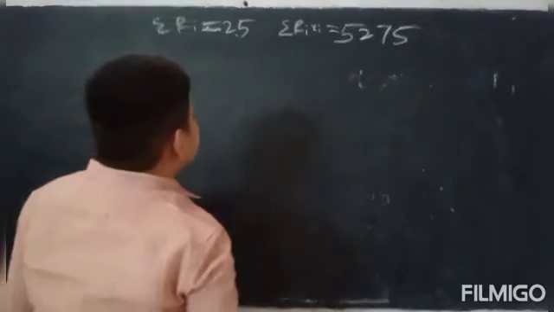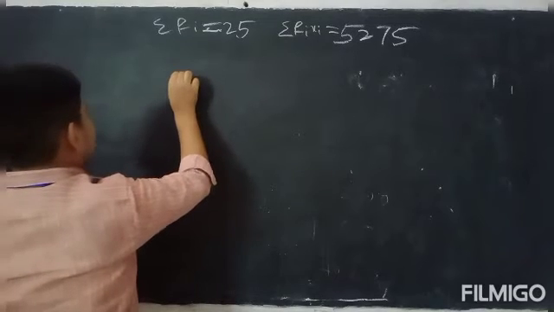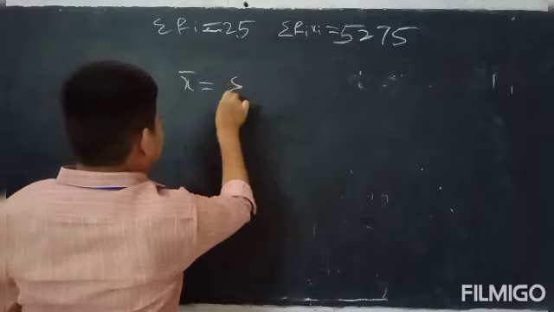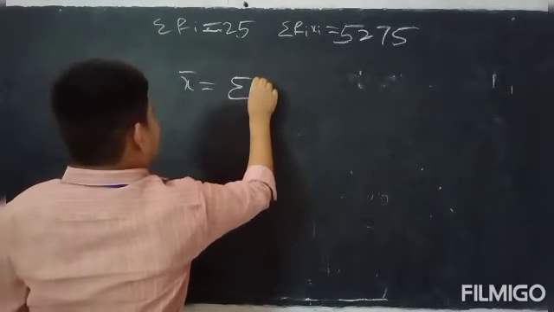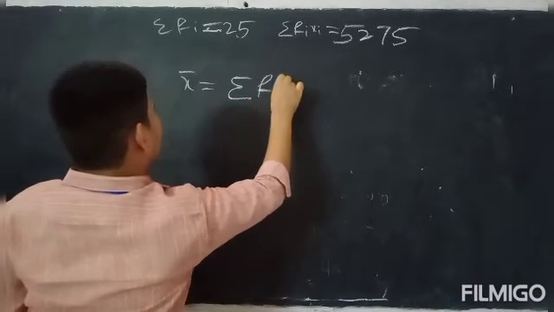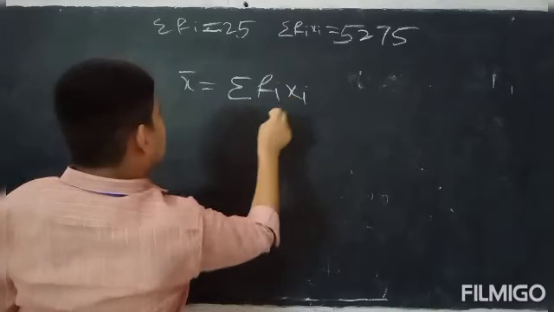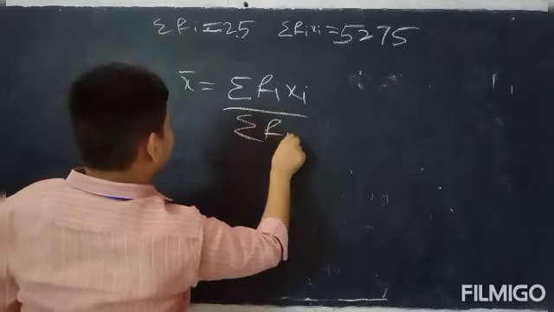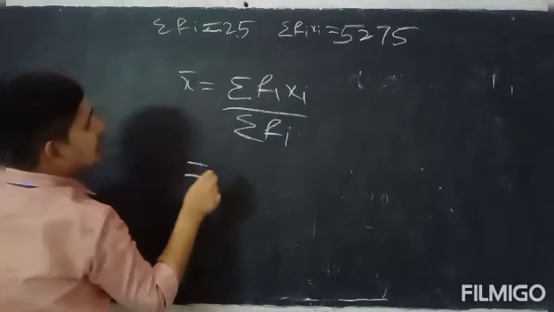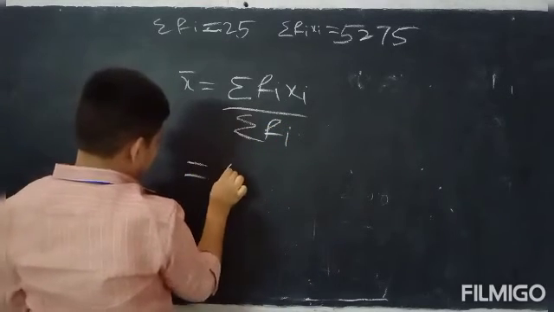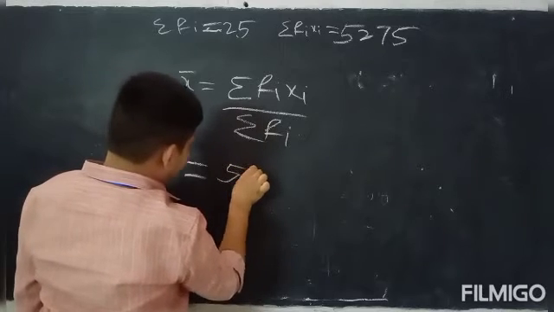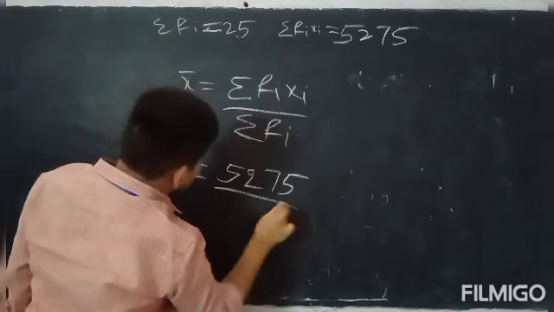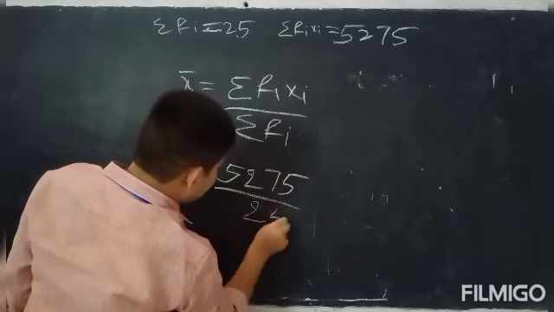Mean equal to sigma fx by sigma fi. Now equal to 5275 by 25.